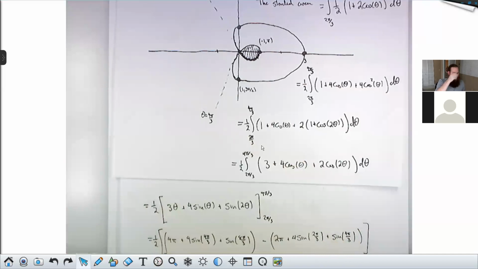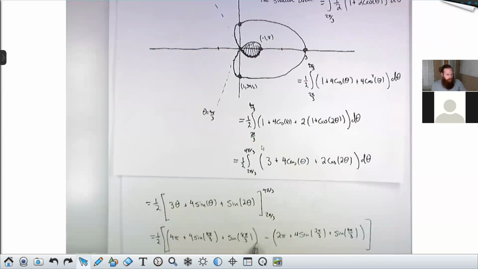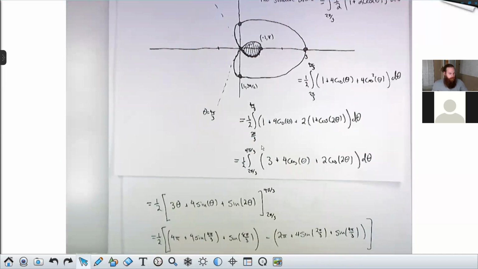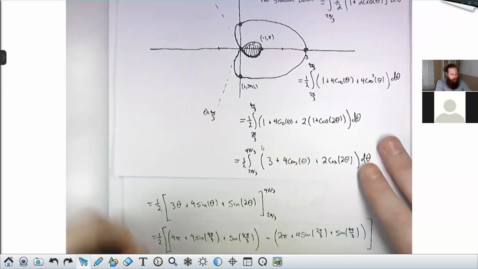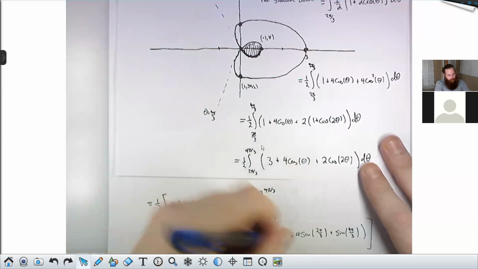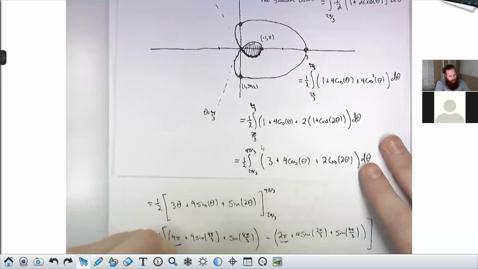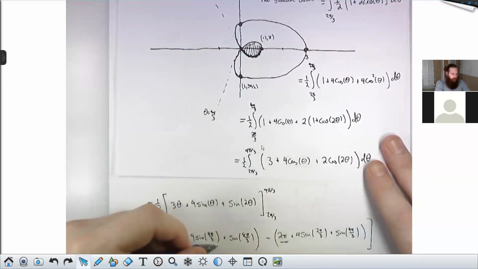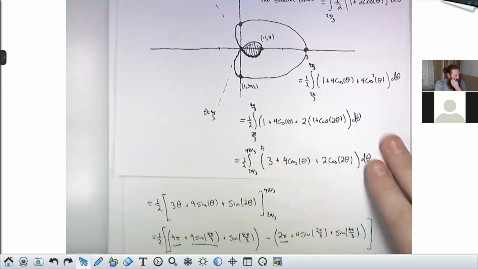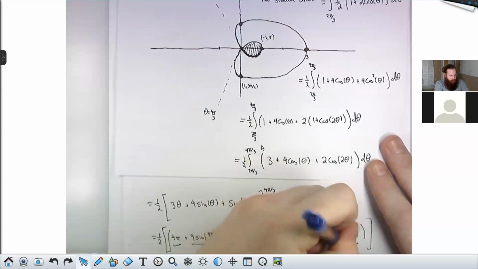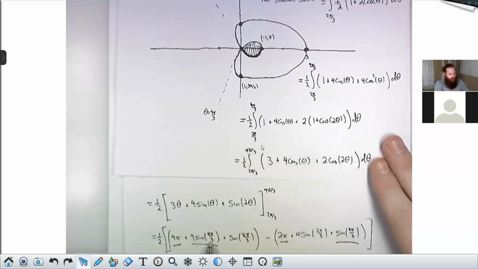And we can take a look and hope for some cancellation. I can definitely combine some terms. I've got 4 sine of 4 pi over 3 minus 1 sine of 4 pi over 3. I've got 4 pi minus 2 pi. So this guy will play together with this guy to give me 2 pi. This guy will play together with this guy. 4 copies of that thing minus 1 copy of that thing is 3 copies of that thing.